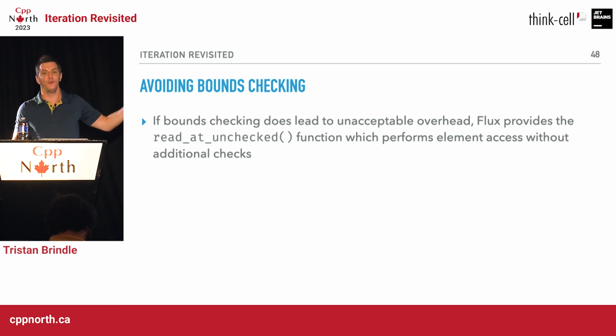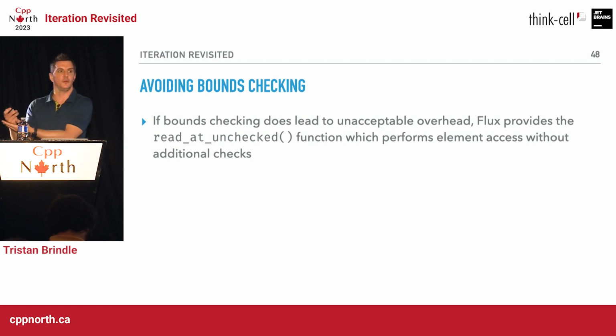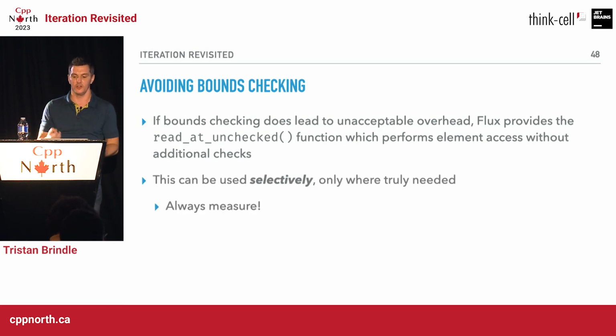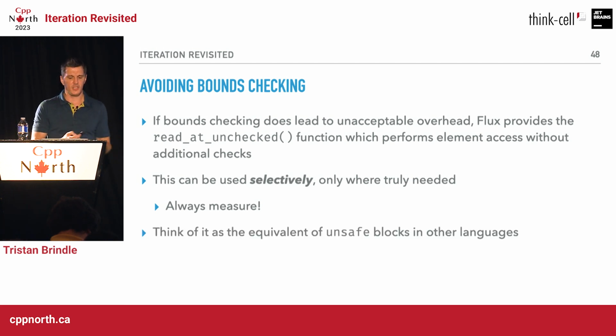It does exactly what you think it does, which is to return you the element at a position, but without doing any additional bounds checking. So the idea is that this can be used selectively. You can profile first. You can always measure, check if this is a particular problem in this piece of code, then you can switch to using the unchecked version. You can think of it as the equivalent of an unsafe block in other languages.